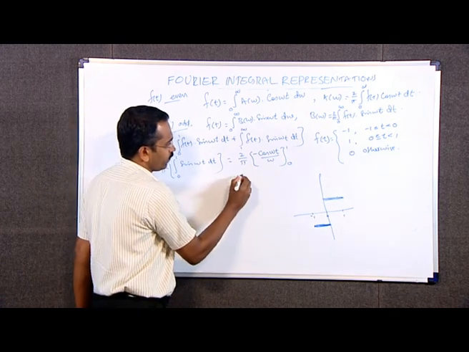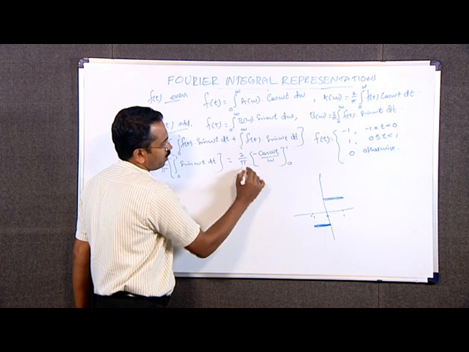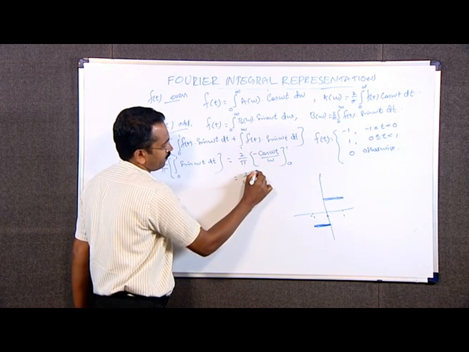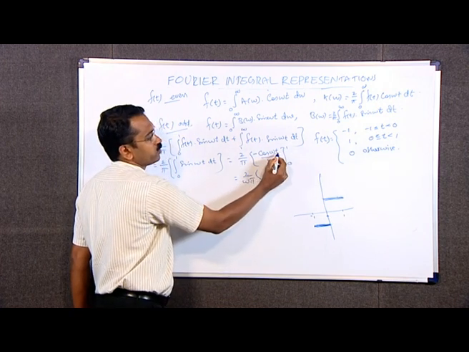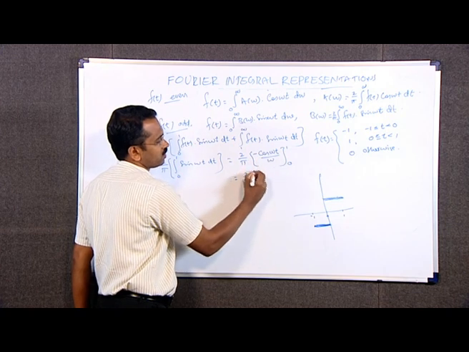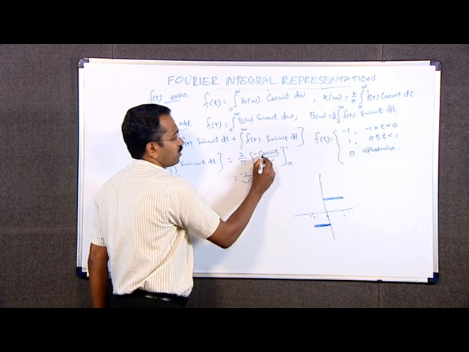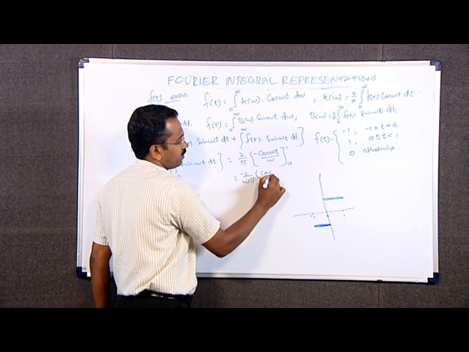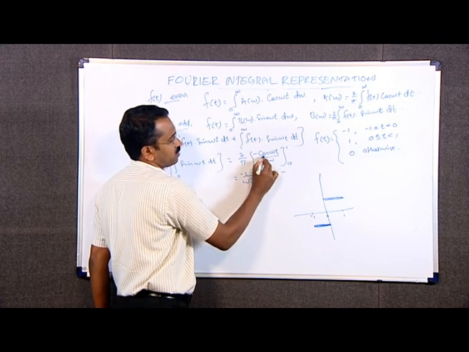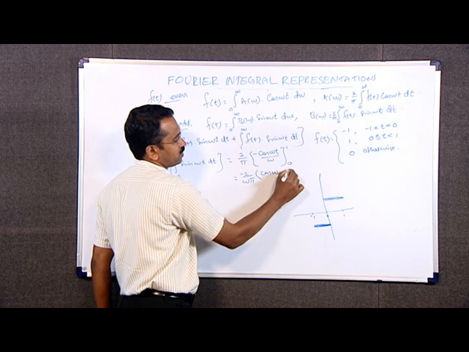This is equal to 2 by omega pi. When t equal to 1, this negative sign can be taken outside, cos omega, minus, when t equal to 0, cos 0 is 1.